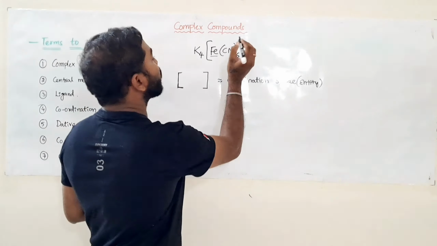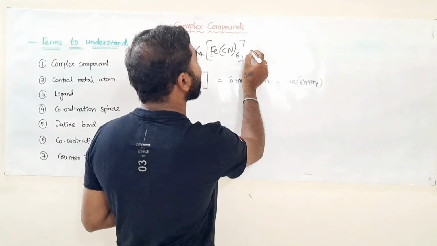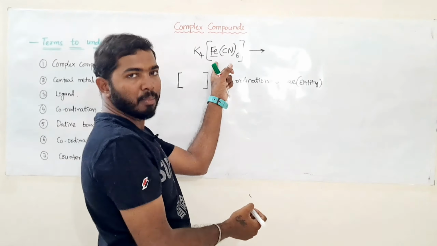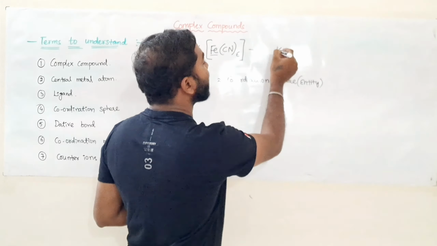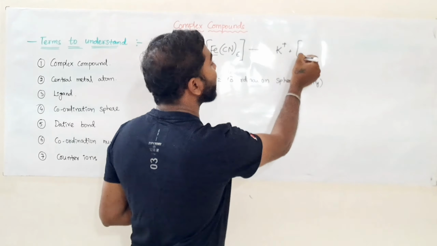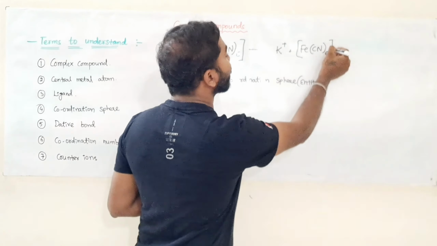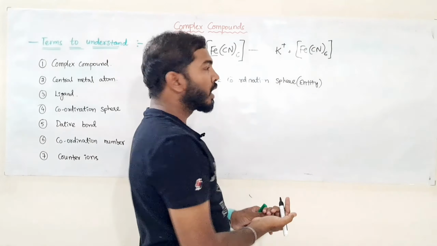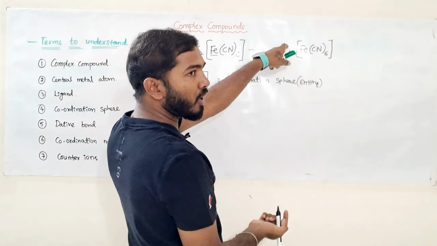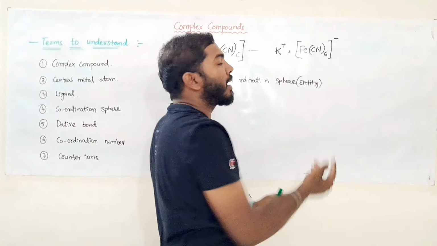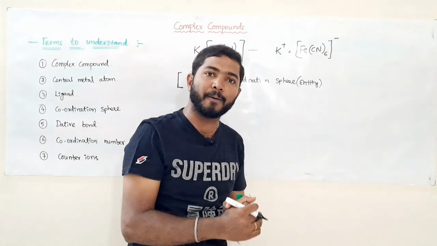Hope it is clear. If we dissociate this complex, we get K+ ions and a complex ion, [Fe(CN)6]. Since potassium has a +1 charge, we might expect a -1 charge on the coordination sphere.